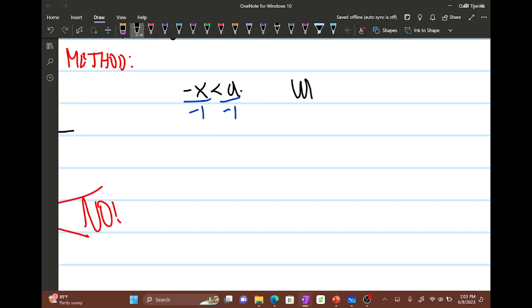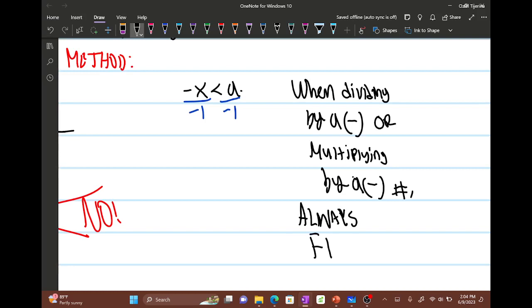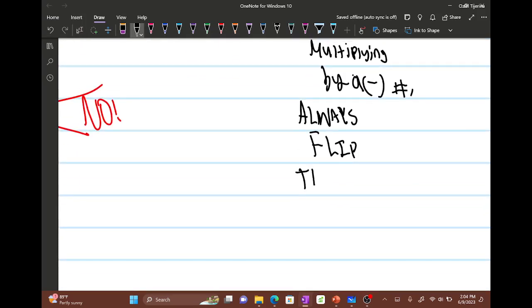So when dividing by a negative or multiplying by a negative number, always flip the inequality.